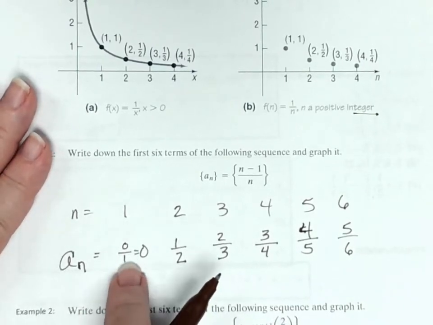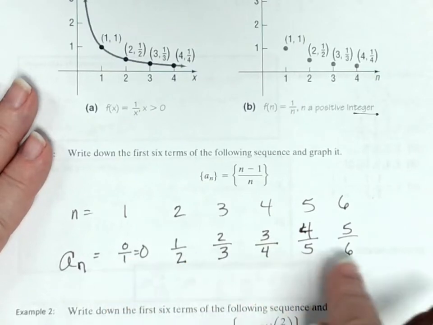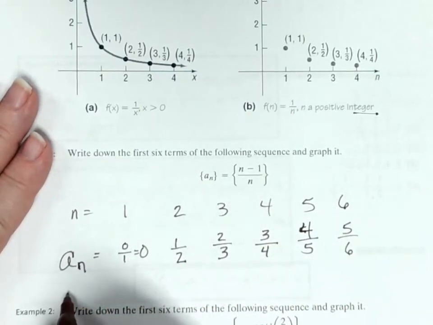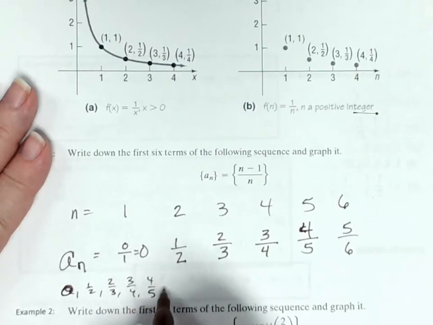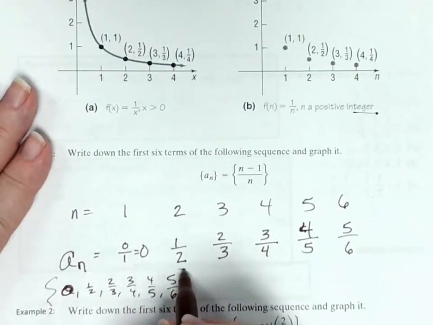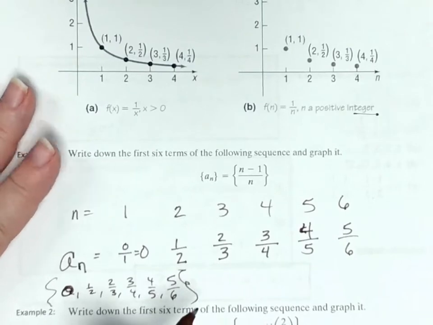And so the way we would write the list, if somebody wanted us to write down a set of numbers, is we would say, okay, our answers are 0, 1/2, 2/3, 3/4, 4/5, and 5/6. And that would be the set of our answers, okay?